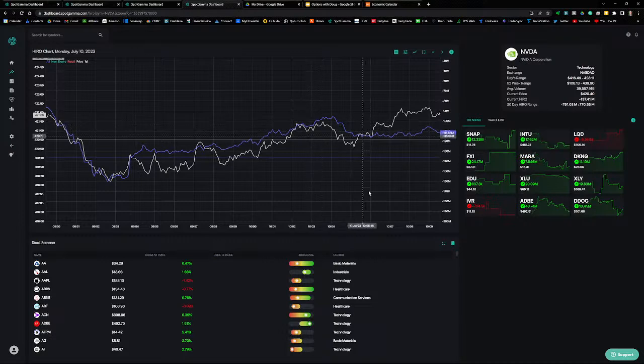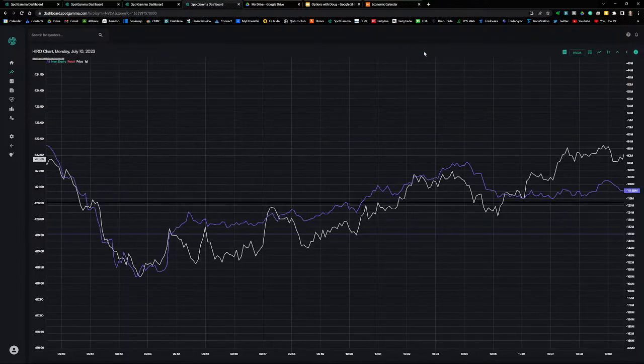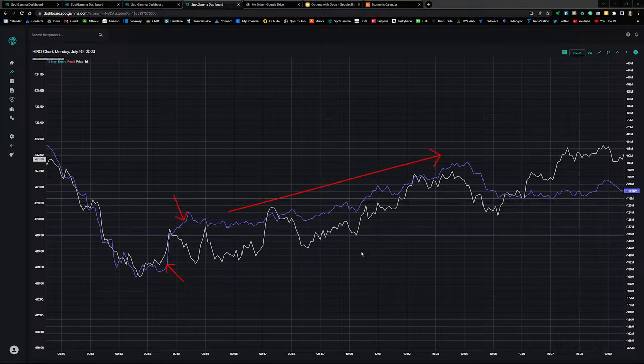We'll take a look at that. And another similar setup just around the same time. Options traders start taking positive delta positions, and price responds higher.